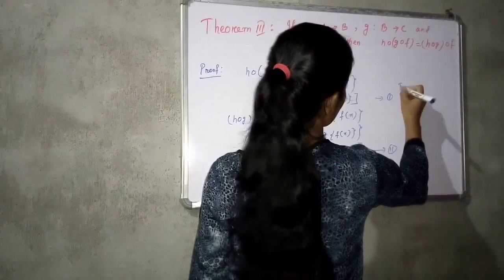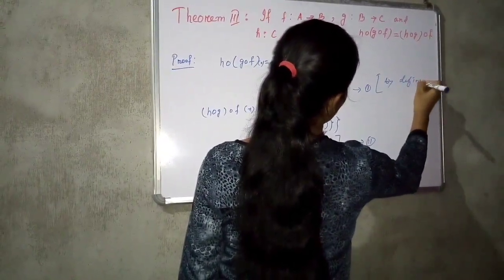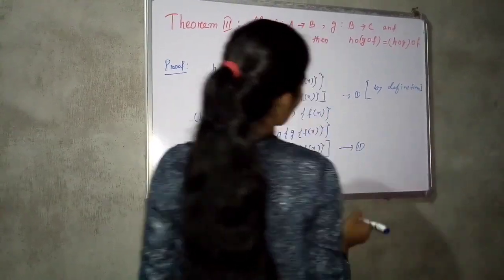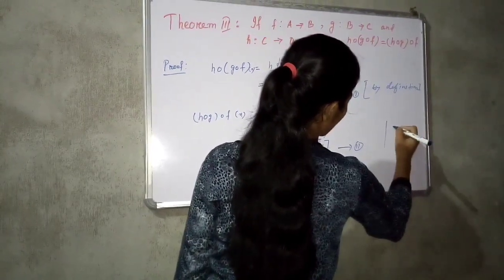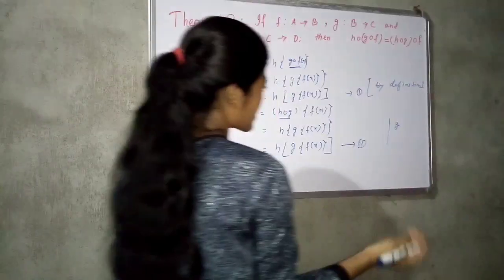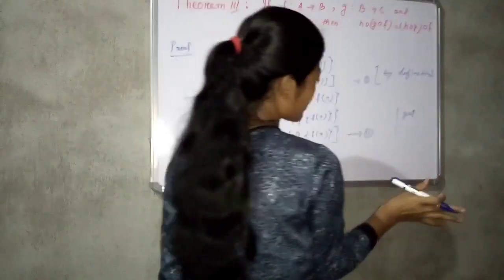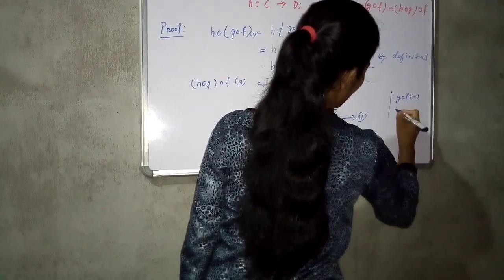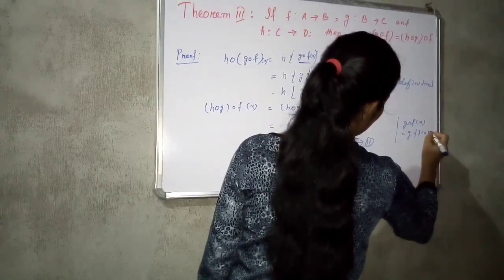We can write here by definition, actually I am using this. We have already discussed the definition. What was that? If we have two functions f and g, then g naught f of x equals g of f of x.